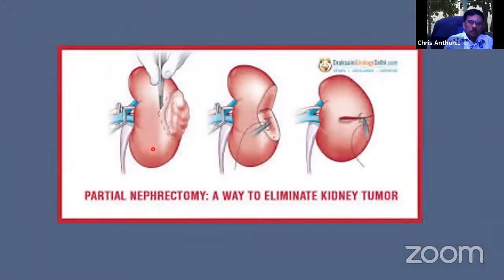This diagram shows partial nephrectomy, a new way to eliminate kidney tumor and preserve the part of the kidney that is not affected by the tumor. The tumor is locally excised and then it is sutured and the wound is closed.